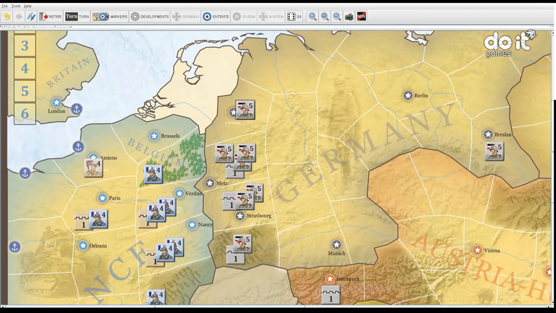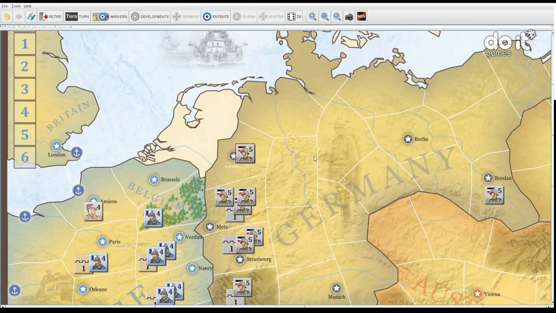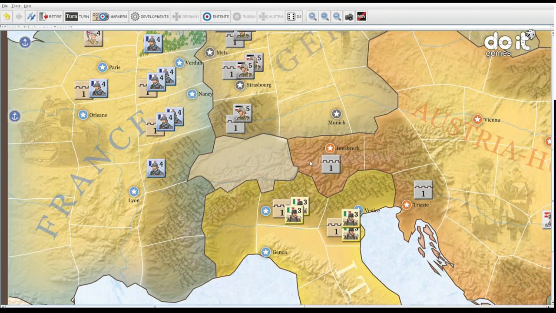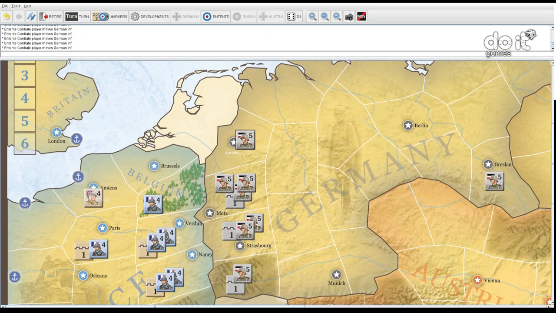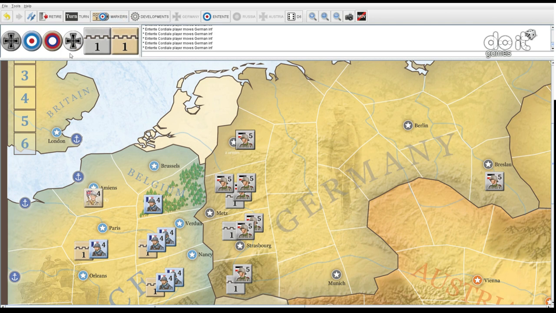Another important thing that I must explain now, before explaining all the actions and everything, is how to control one area. We have those control markers here, let me show you, to indicate who controls each area. Those are the German control markers. Every time the Germans control one area, we must put this marker.